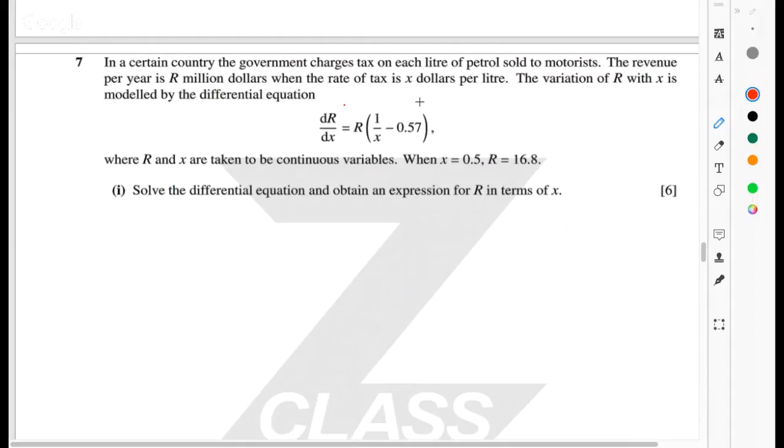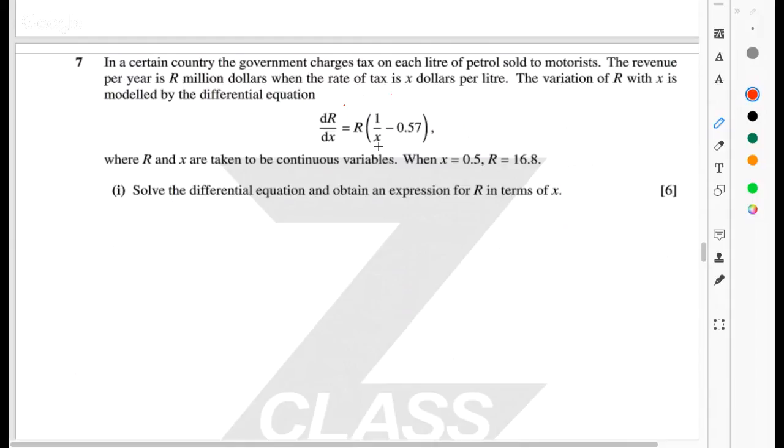We have a variable R, the revenue per year in $1 million, and X, which is the rate of tax. So now we have a relationship between revenue and the rate of tax.